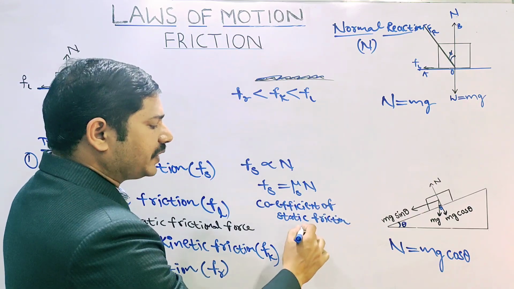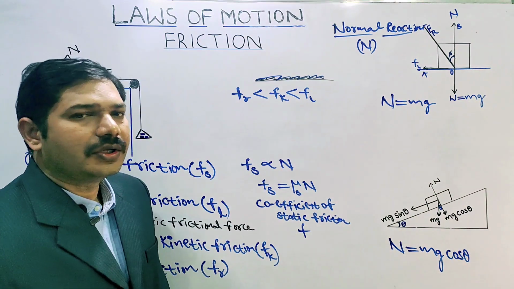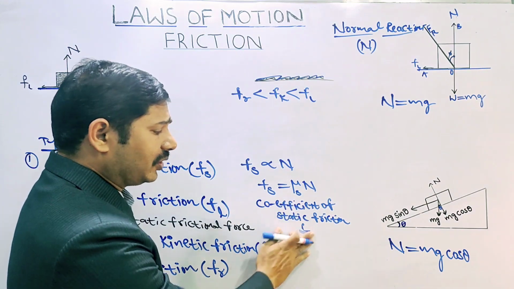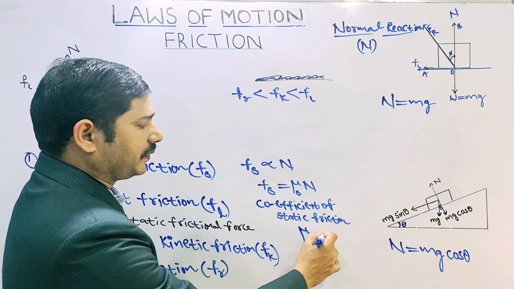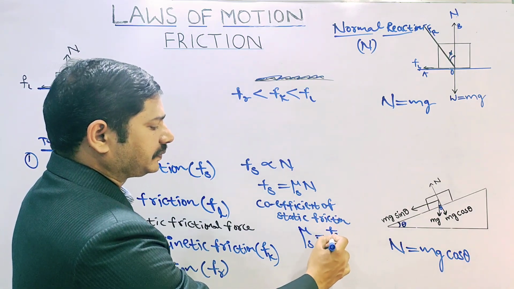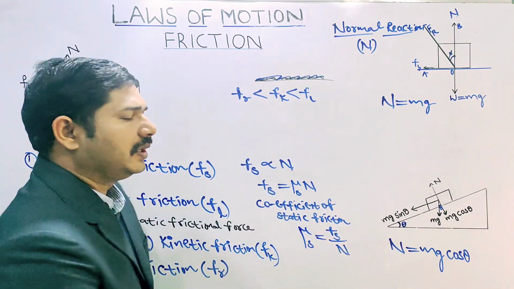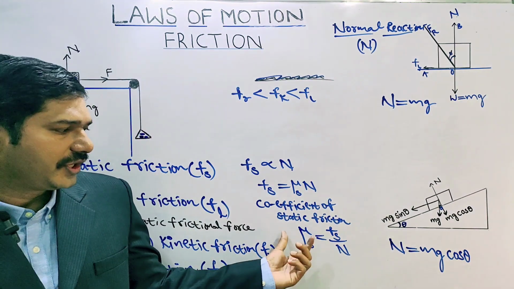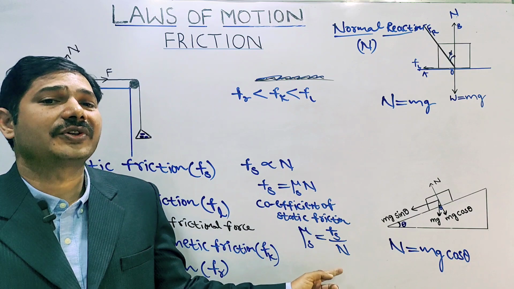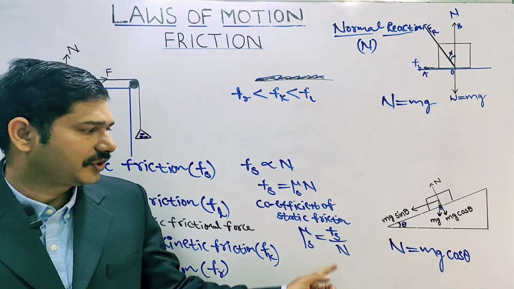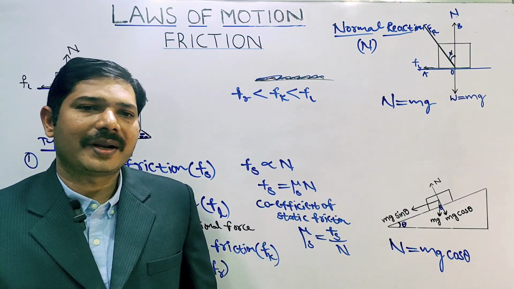So for the coefficient of static friction, mu s equals Fs by N. We can define it as the ratio of the static frictional force to the normal reaction.